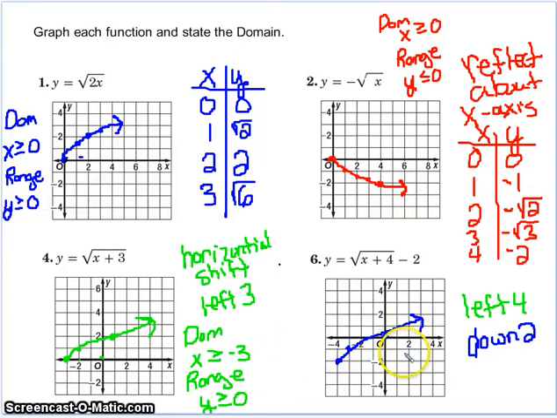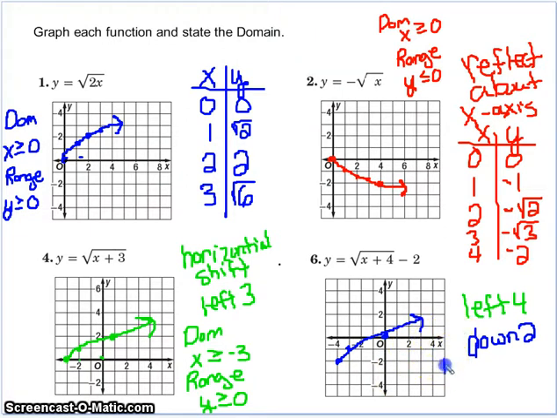The last function that we talked about in class, here we have a horizontal shift to the left 4, and then we have a vertical shift down 2. So the horizontal shift is going to deal with what happens to our domain, our x-coordinates, and the vertical shift is going to affect what happens to our range, or our y-coordinates.